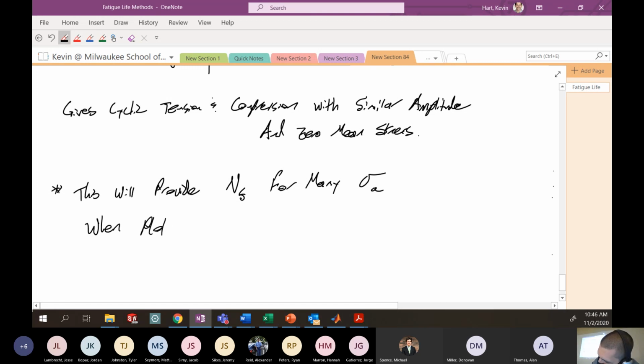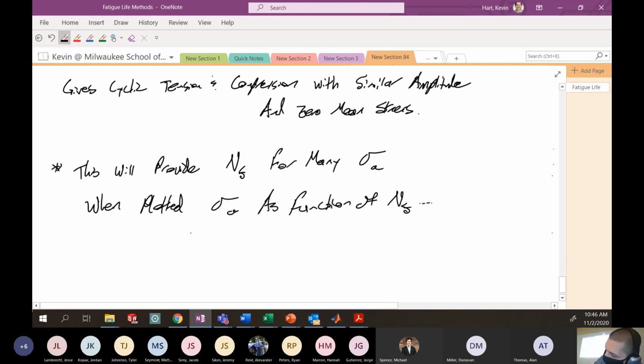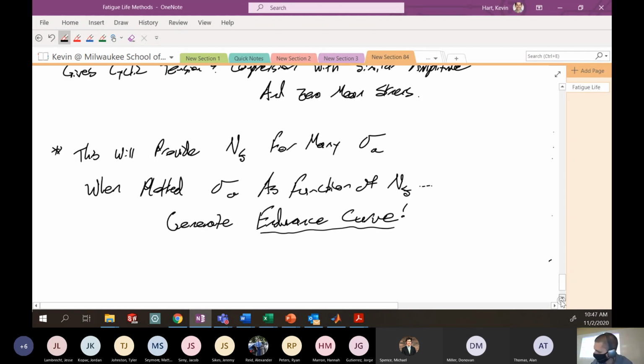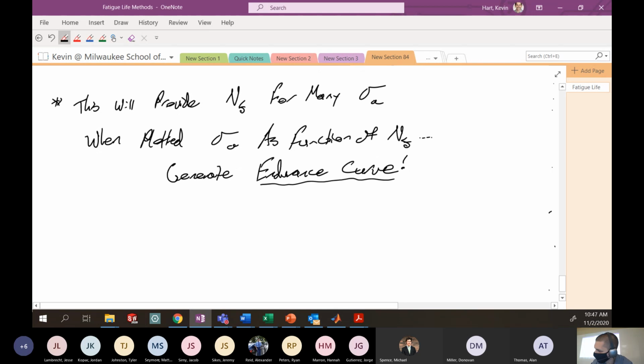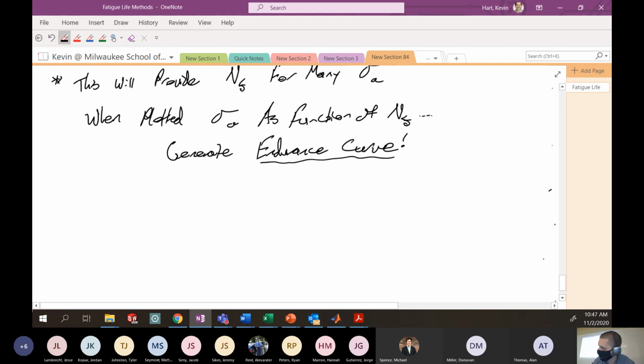When plotted, sigma A as a function of number of cycles to failure, you generate what's known as the endurance curve. And that looks like this.